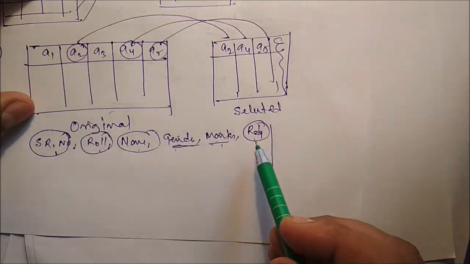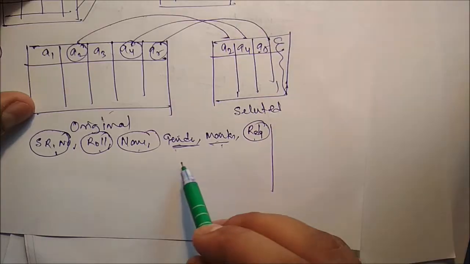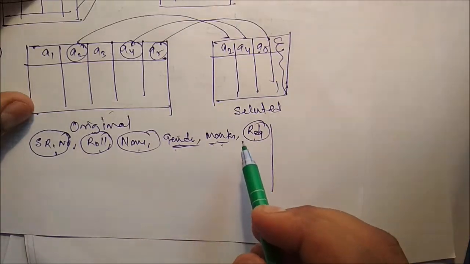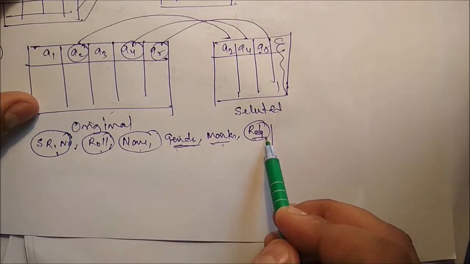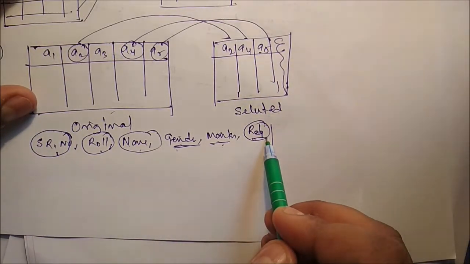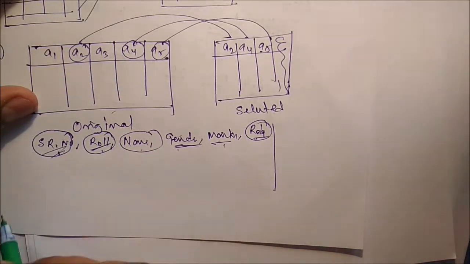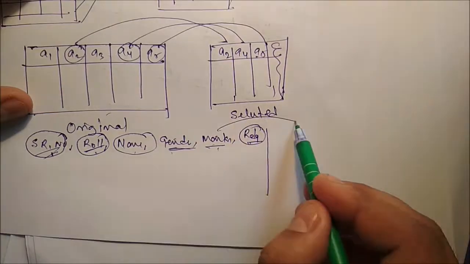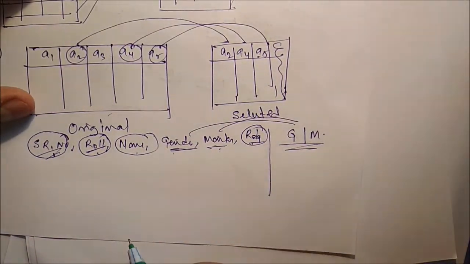But we want to apply data mining to know the relationship between gender and marks, or identify something between marks and gender. Then religion is immaterial, it is an irrelevant attribute, and so are roll number and serial number. So we can eliminate these and just keep these two, gender and marks, and then we can apply the data mining technique.